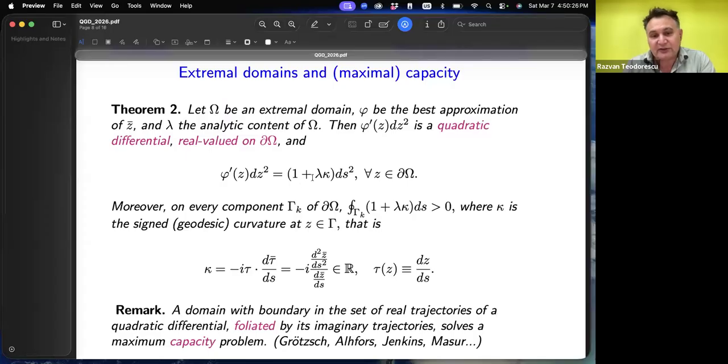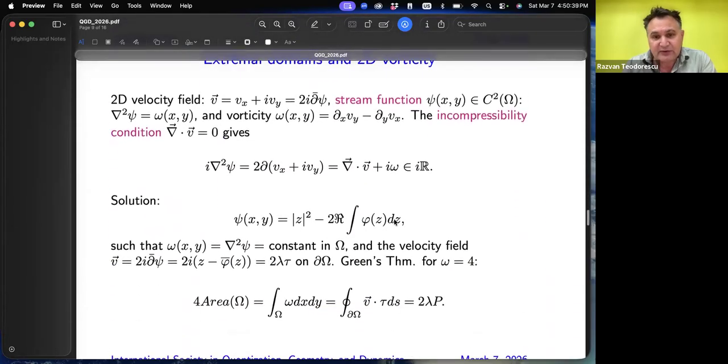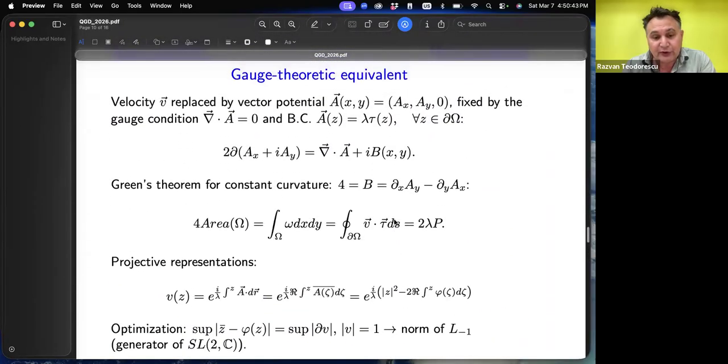So it has the form 1 plus lambda times kappa, where kappa is the geodesic curvature at that point. And all of these are positive definite, so to speak. So what I said a moment ago about the interpretation of this solution through equivalent forms of quantization is represented on this slide.